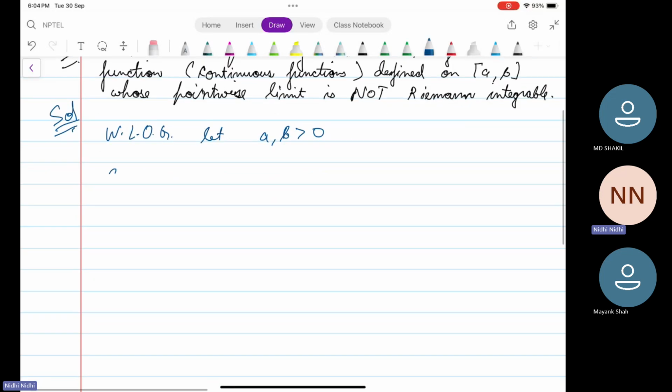Since Q, the set of rationals, is countable, it can be enumerated. That means we can define a map from the set of natural numbers to the set of rationals.